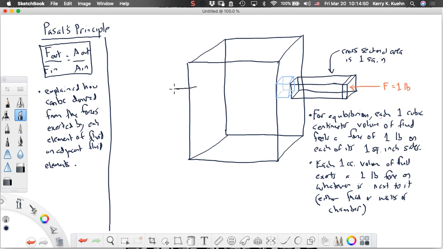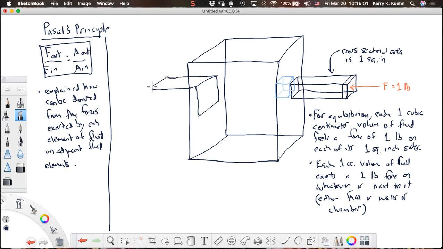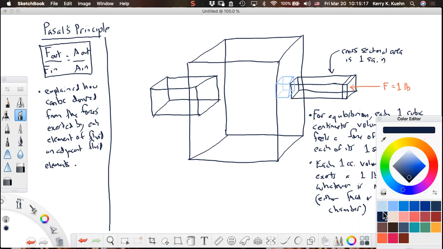Well, let's suppose on the other side of the chamber you have another opening, but this is a bigger opening. Okay, I'm going to draw another tube coming out on this side. Again, to make things simple, I'm going to draw this as a rectangular cross-section tube. And let's suppose that this piston is bigger, so that it is able to fit 4 cubic centimeters of fluid next to it.